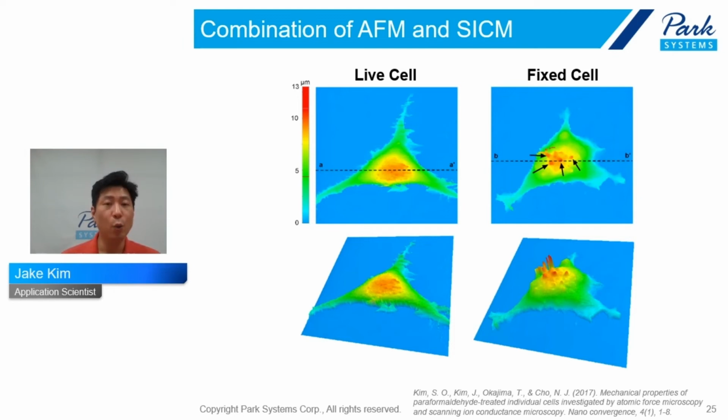This is in good agreement with anecdotal observation in the biology field, and slightly raised features are also identified, which are expected to be changes in the membrane during the fixation process.